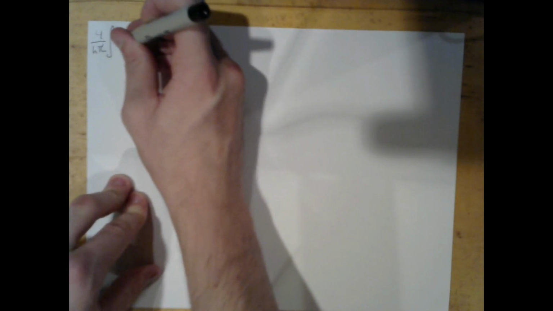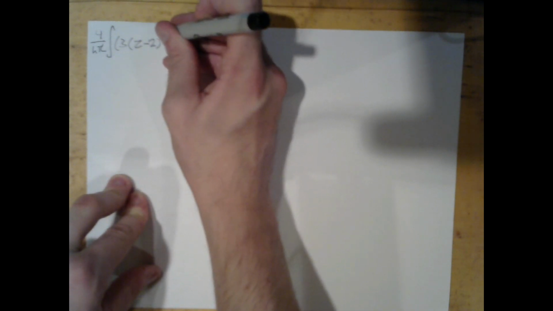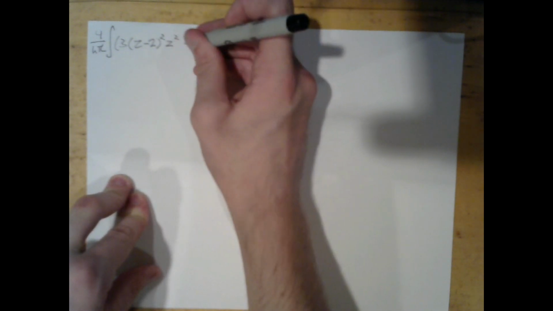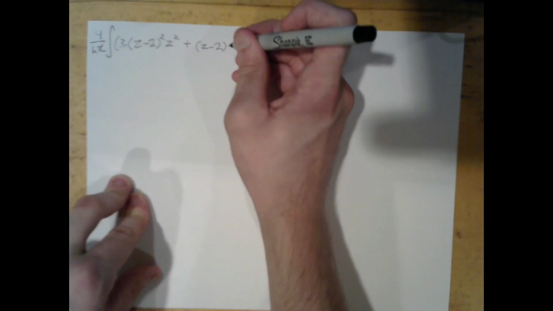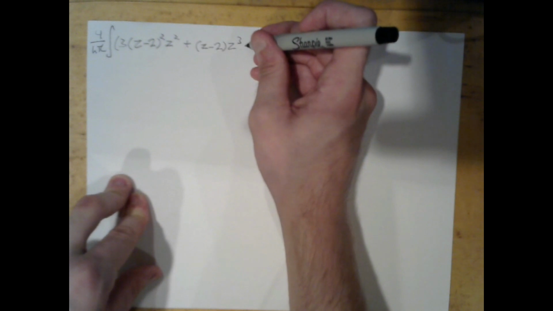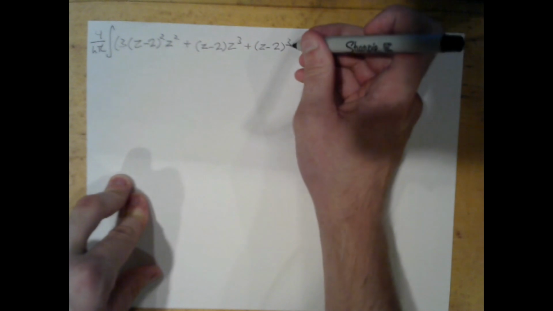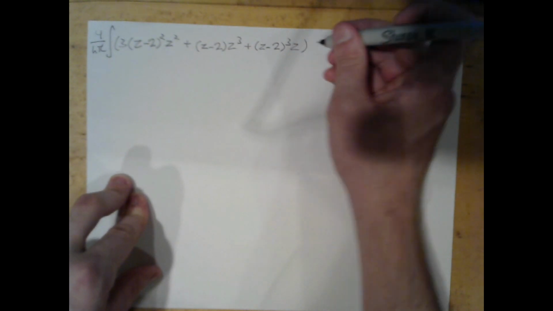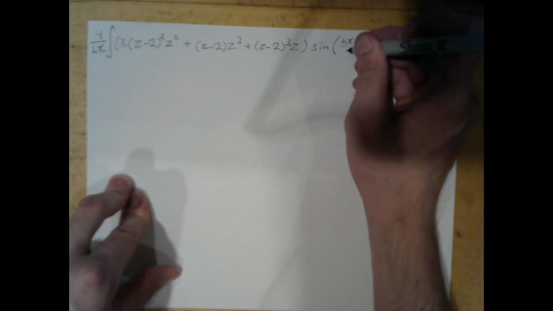So we're going to get 4 over h pi multiplied by 3 z minus 2 squared z squared plus z minus 2 z cubed plus z minus 2 cubed z, and then this is all times sinh(pi z over 2).